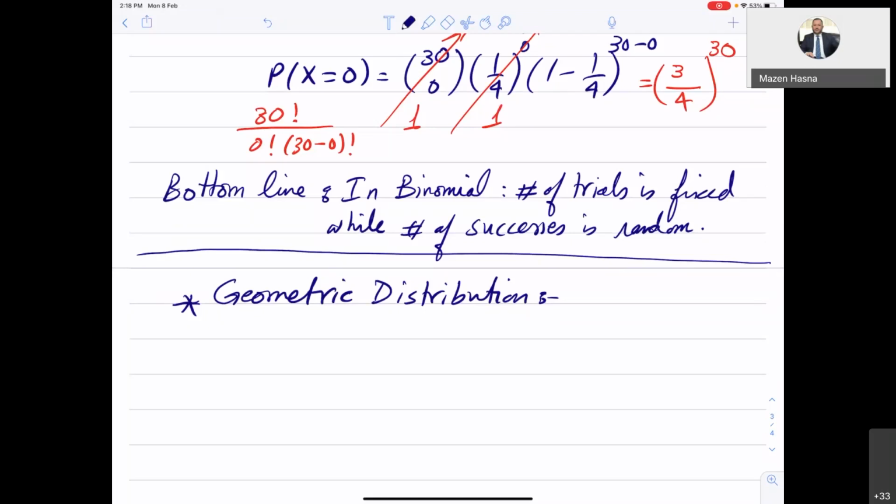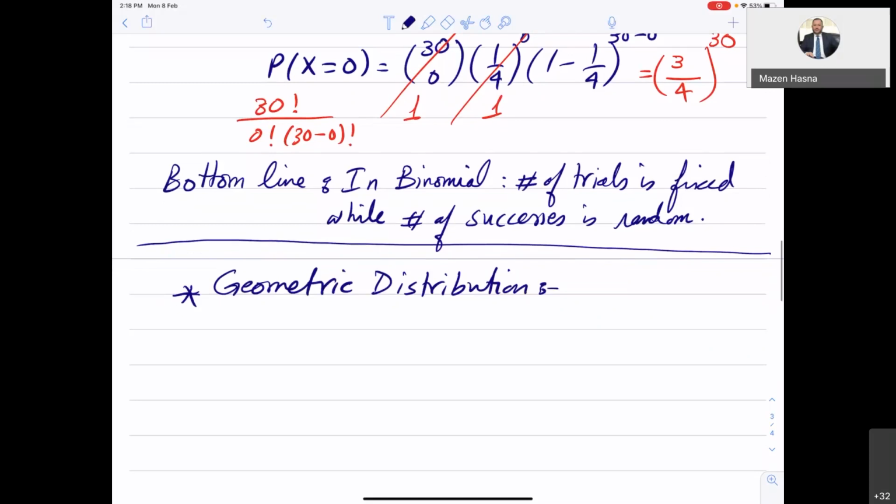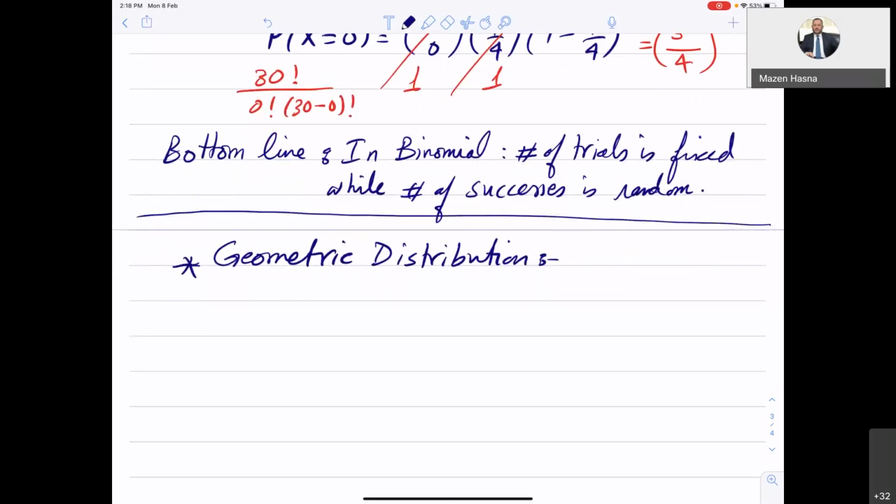We are not doing this now because it's kind of heavy, and I think what we are covering will give you enough idea to be able to deal with other distributions that might come across you in the future.